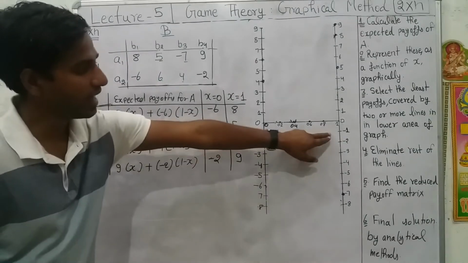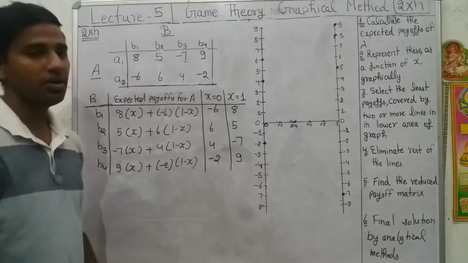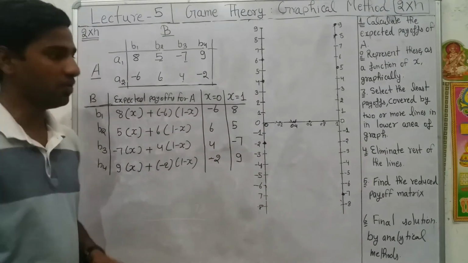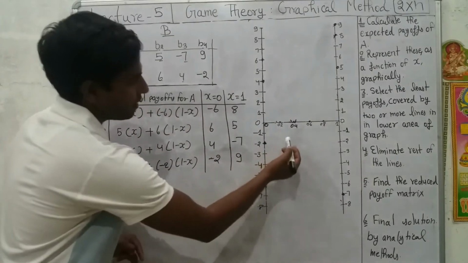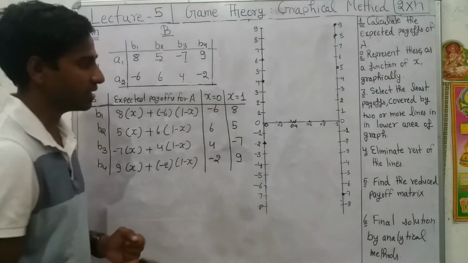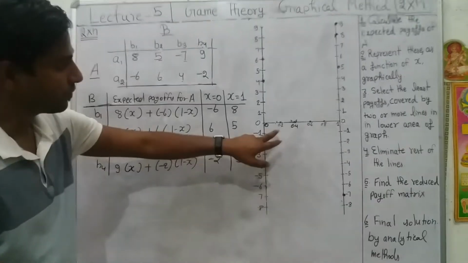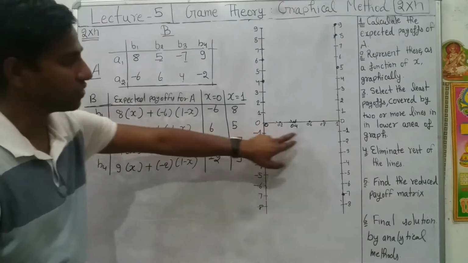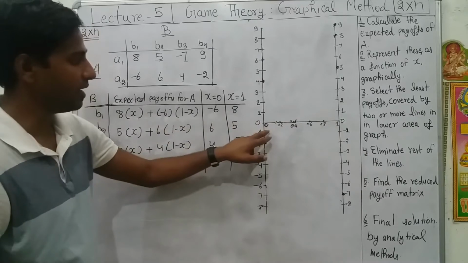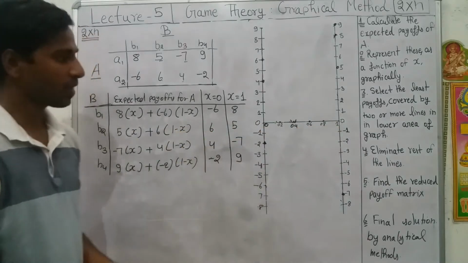This horizontal line represents the value of x, the probability. So x represents the probability, and the probability can lie between 0 to 1.